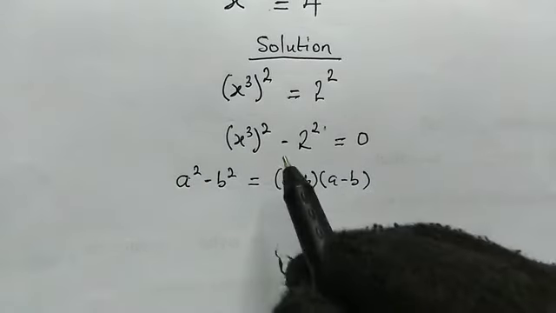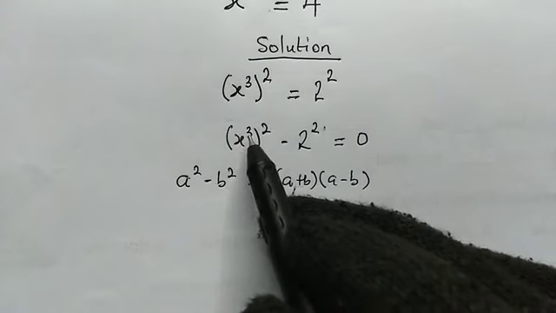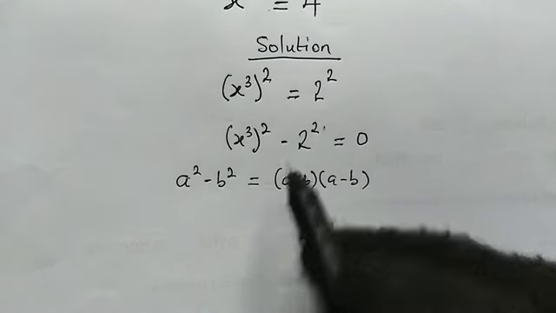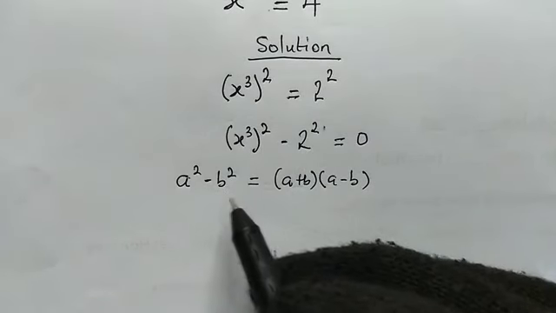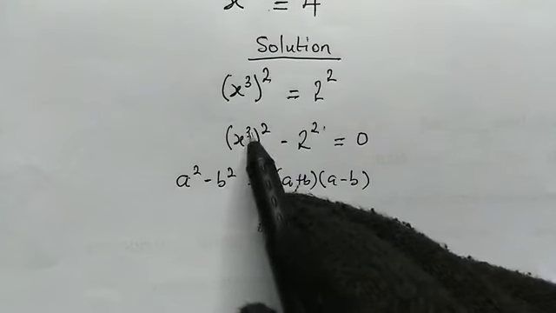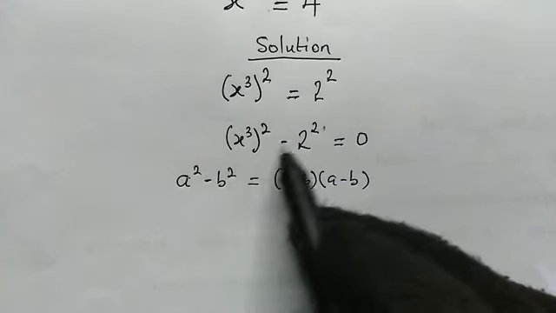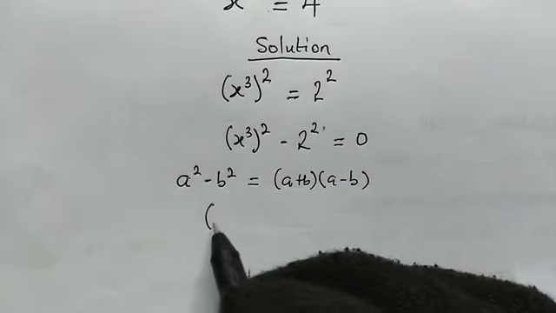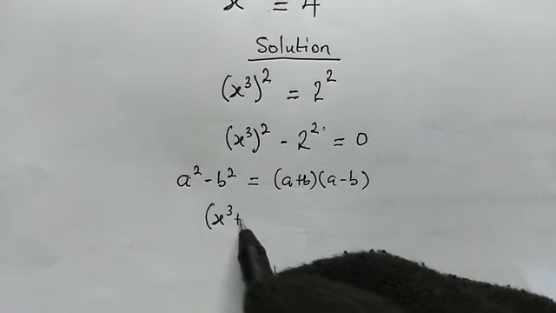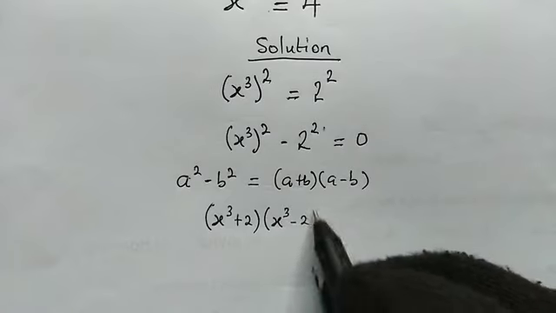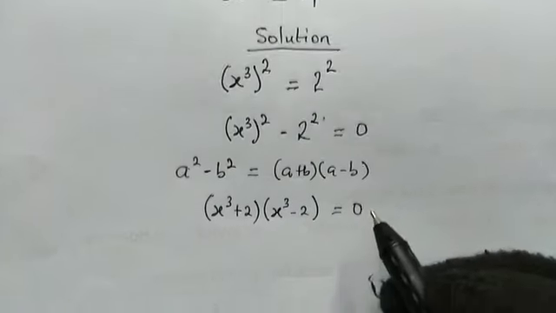Okay, so from here, the base here is x cubed, which is a, and the base here is 2, which is b, and therefore taking a as x cubed and taking b as 2, we can factorize the left hand side as x to the power of 3 plus 2 multiplied by x to the power of 3 minus 2, and this is equal to 0.